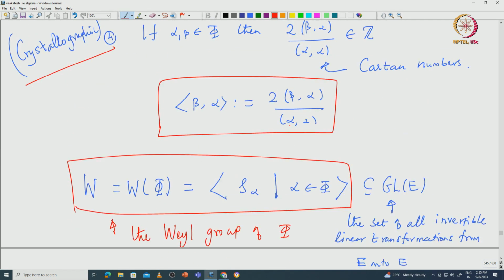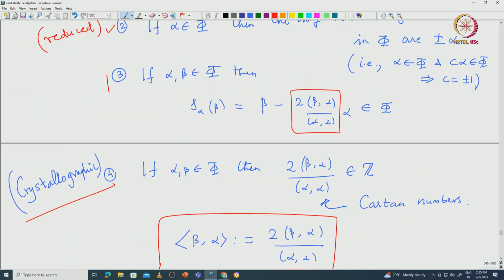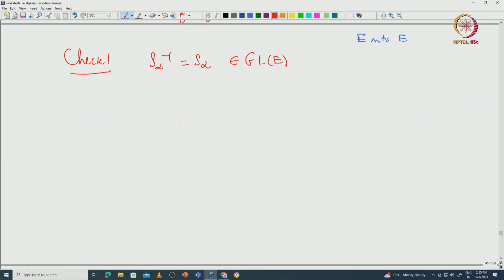So, if we go back to condition 3, what this condition says is that if we take any reflection S alpha, then S alpha of phi must be equal to phi. So, the root condition R3 implies that S alpha of phi is actually a subset of phi. Since S alpha is invertible and phi is finite, S alpha of phi must be equal to phi.